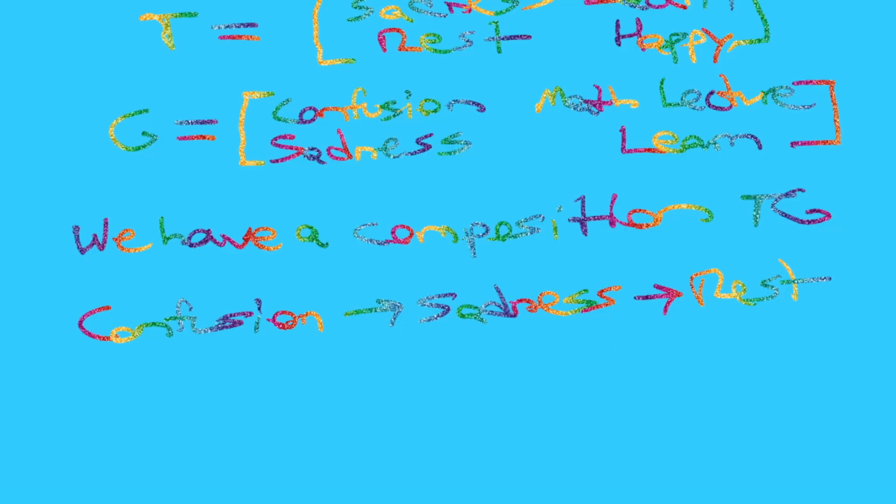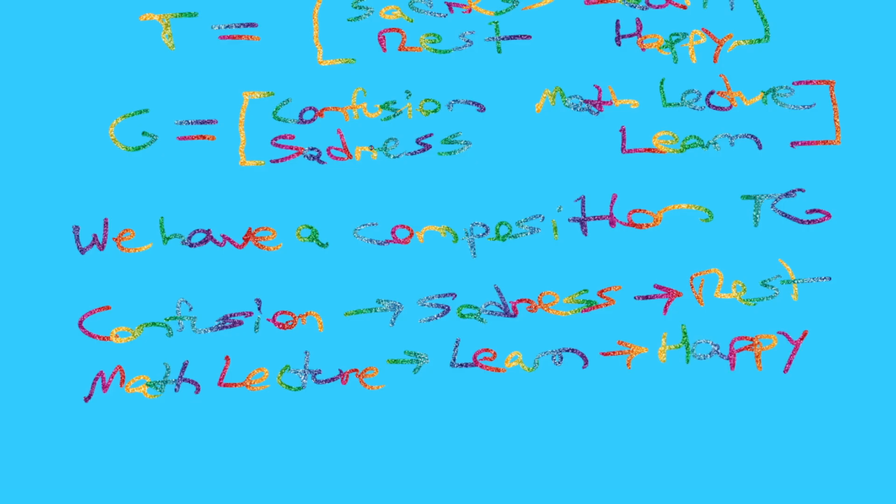Because if you remember, when we compose, we go from right to left, so we'll look at G first and then see where that element takes us in T. And then we have math lecture. It leads you to learn, which leads you to be happy.